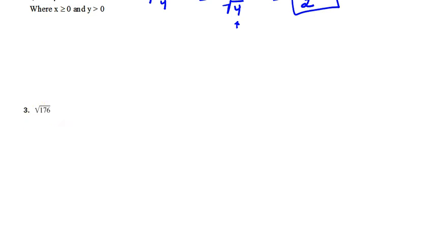Let's say we're trying to simplify the square root of 176. All right, let's find what some of the factors of 176 are. Well, I know that I can multiply 16 times 11 and I get 176. Now notice that I specifically tried to pick a number that goes into 176 that is a square number.